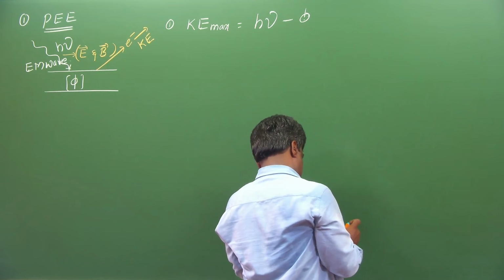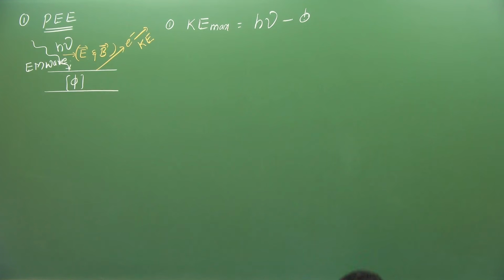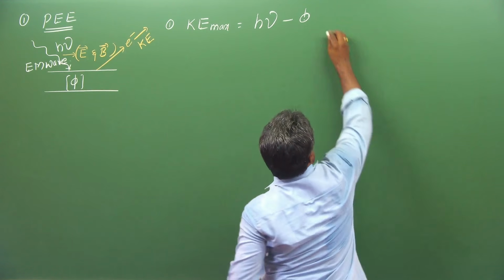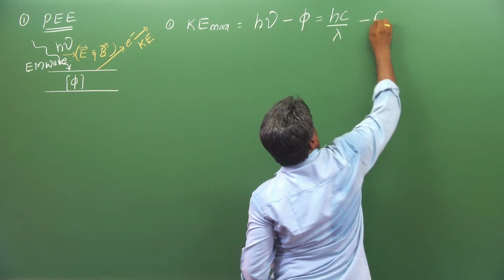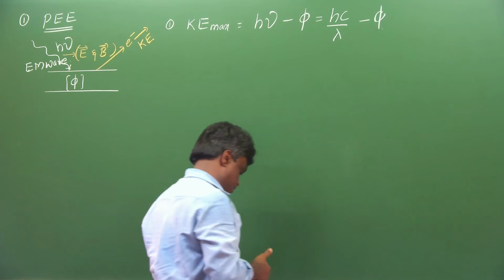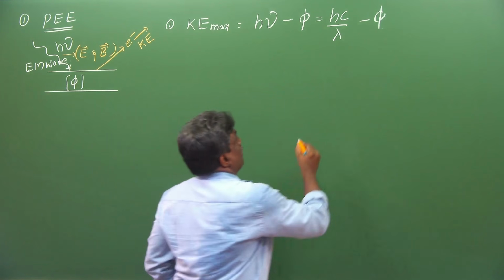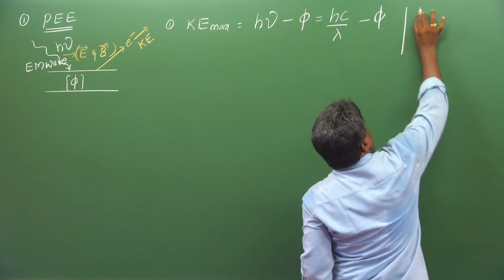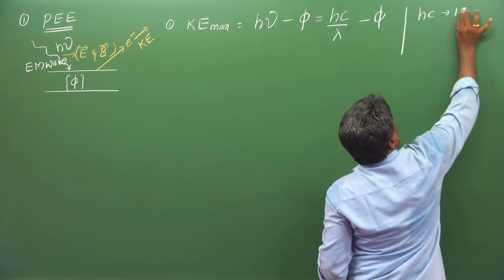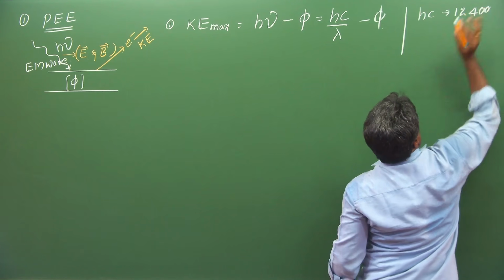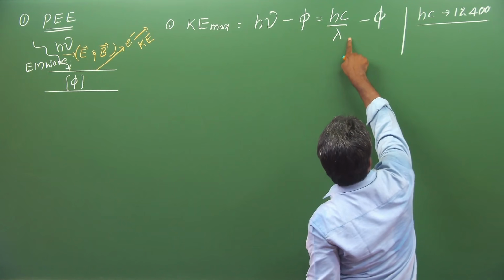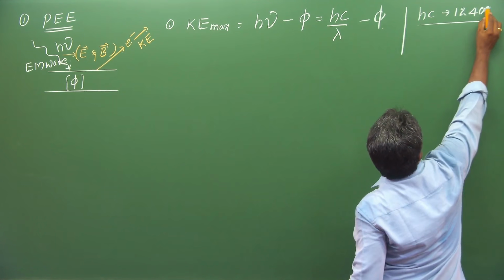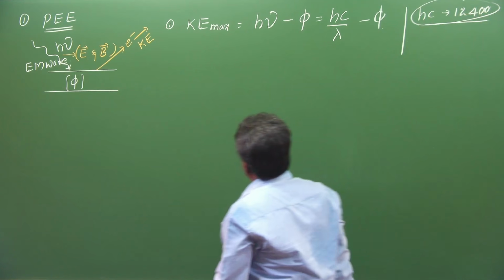Otherwise this is hc by lambda minus phi. Good. And you should remember the hc value, 12,400, not in electron volts. Whenever you are using lambda in angstroms, you have to remember this. Right.